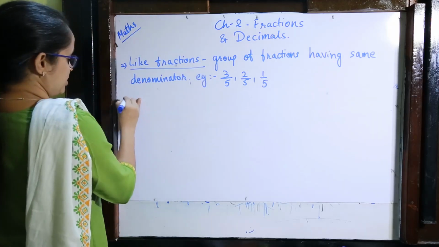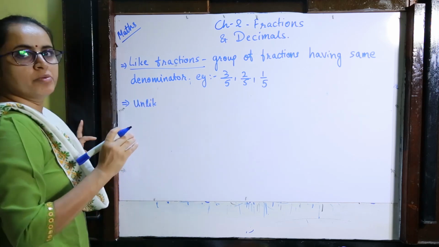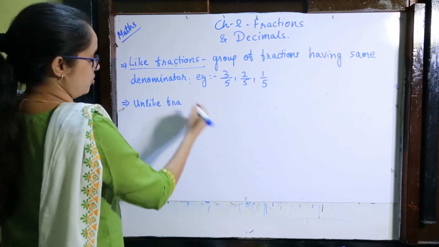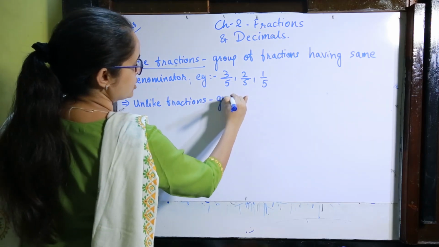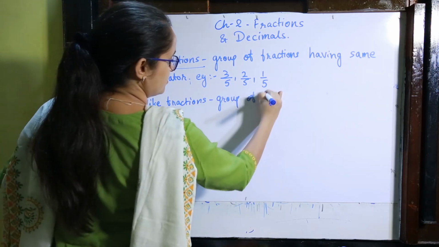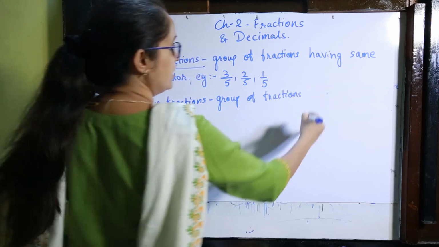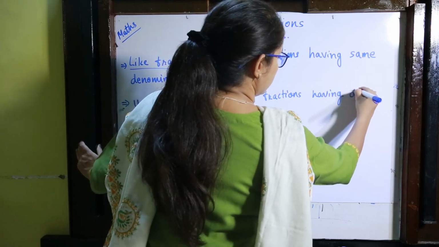Now unlike fractions. As you know that like fractions have the same denominator, unlike fractions are a group of fractions having different denominators.